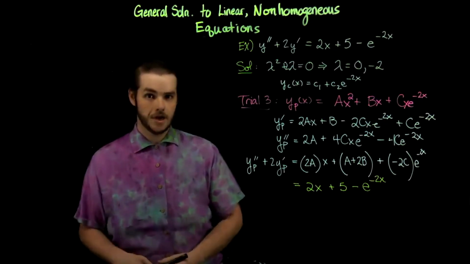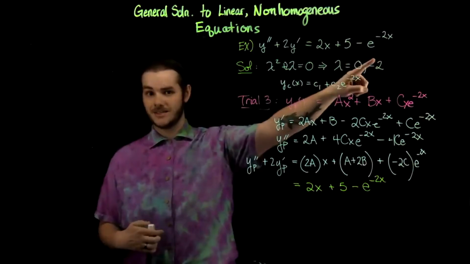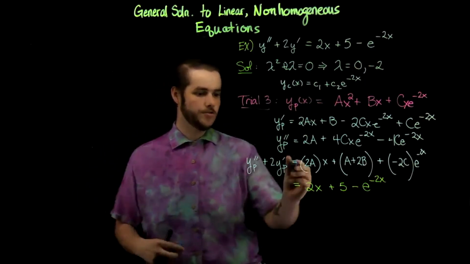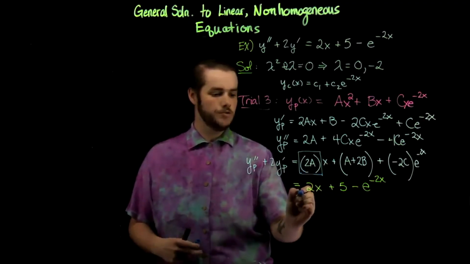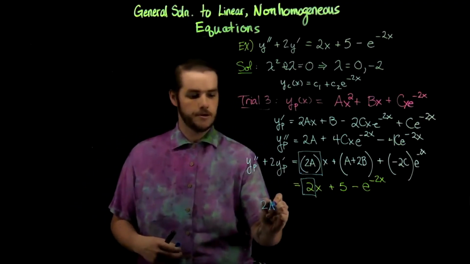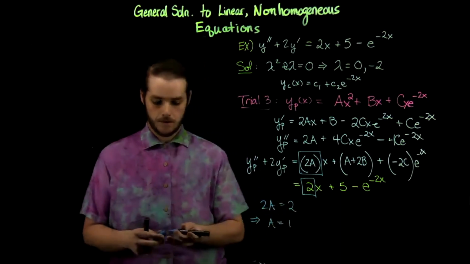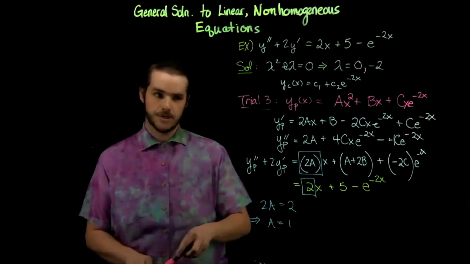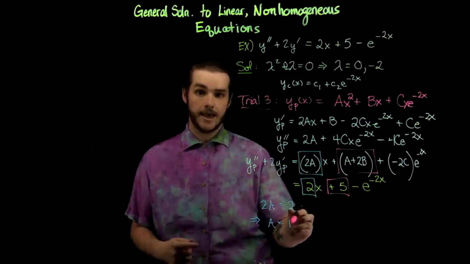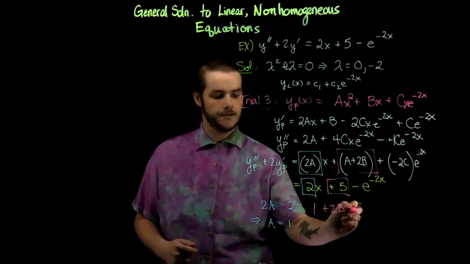All right, and wouldn't you know it, all three of our pieces of information we need survived, and none of them give us nonsense. If I compare the linear terms in blue here, by matching their coefficients, it tells me that 2a should equal 2, or in other words, a is 1. If I compare the constant terms here in red, it tells me that a, which I now know is 1, plus 2b should equal 5.